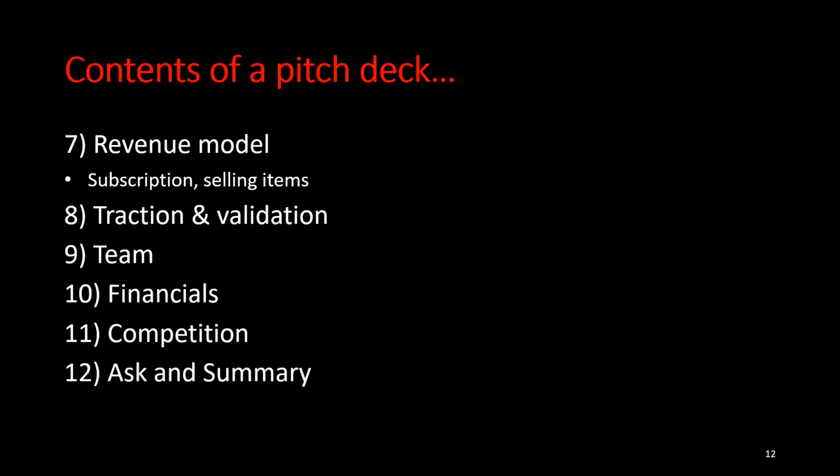So the revenue model is how are you making money? Because at the end of the day, when you have an innovative project, it needs to make money. Even if it is a social enterprise, even if it is a charitable activity, it needs to make money in any way.